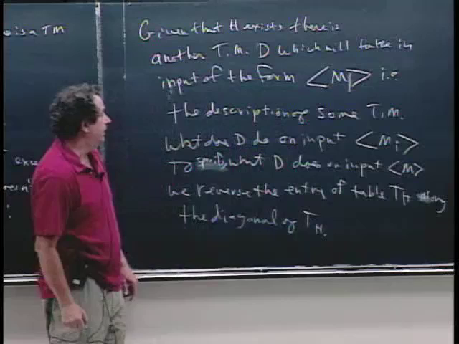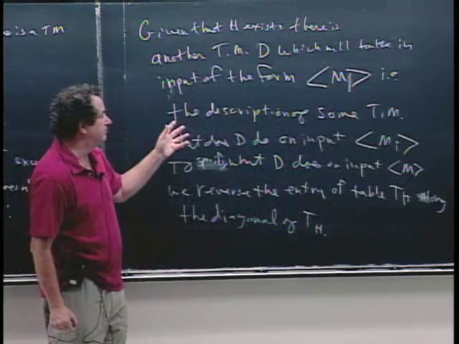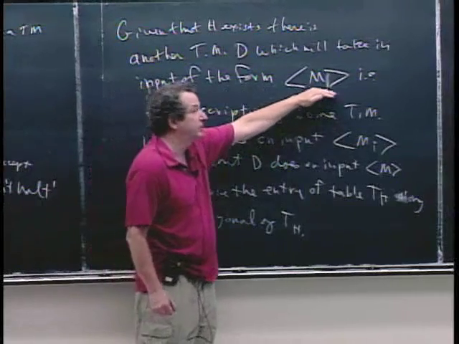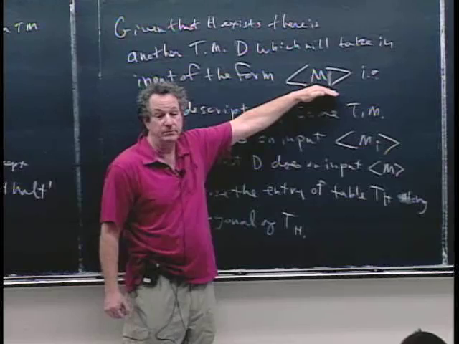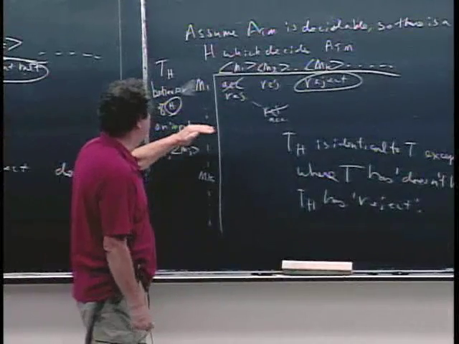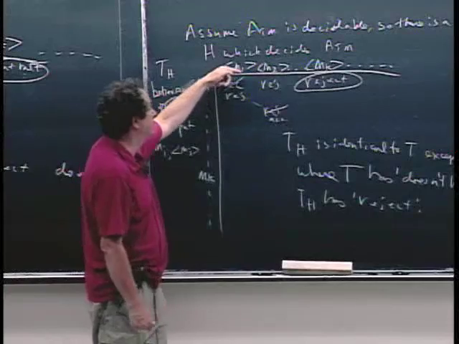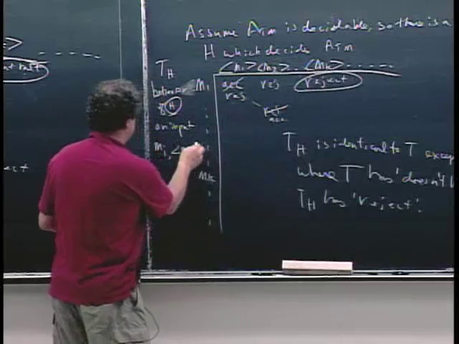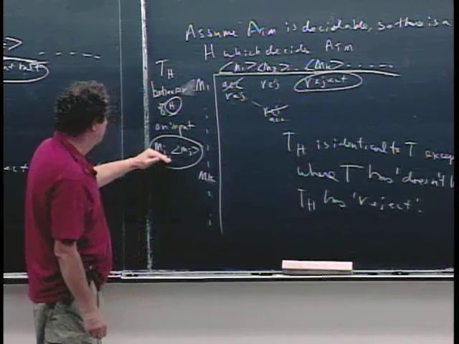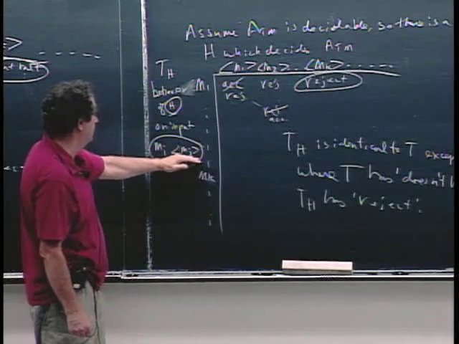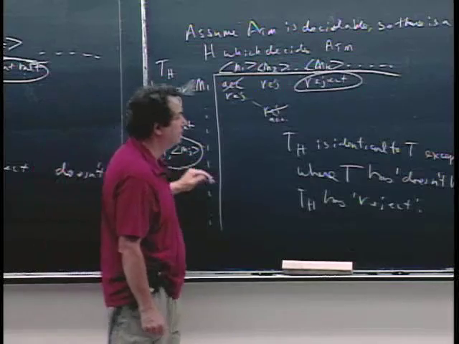Now, a thing to pay attention to is that D only gets the description of a machine as its input. When we were talking about H, H's input is a particular machine and a description of some other machine. So it can be any pair like that: the description of one machine, M_i, and then the string describing another machine, M_j.